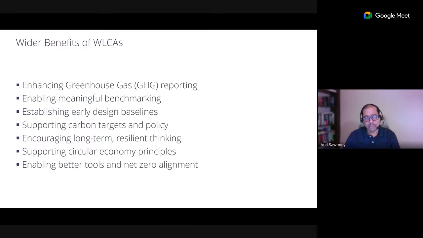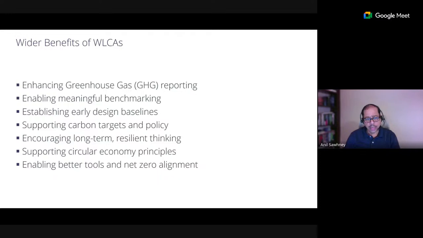But in the case of emissions, you have to make your emissions visible, meaning you have to transparently share how much emissions are coming from your building. So through WLCA, we can benchmark emission calculations against each other so that you can demonstrate that your buildings, your assets, your infrastructure assets are performing better.